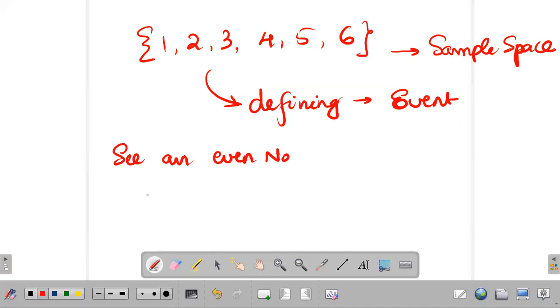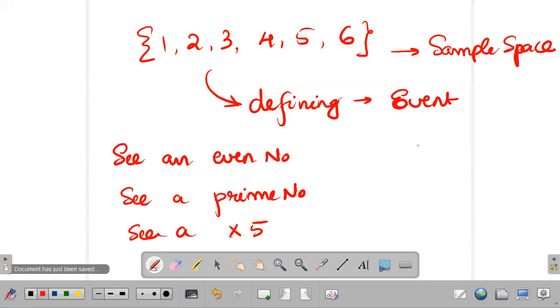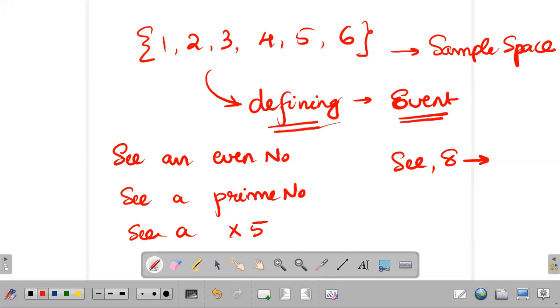What is the chance that I am going to see a prime number? What is the chance that I am going to see a multiple of 5? What is the chance that I am going to see the number 8? Like that, I am defining events in this case.